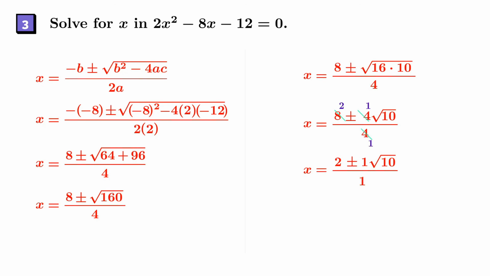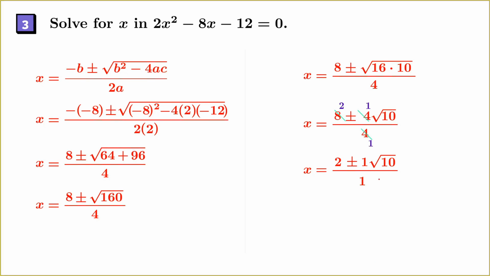Okay? So, last step na lang natin. Pwede nating tanggalin yung denominator, no? Kasi 1 naman yung denominator, so pwede nang tanggalin yan. Isa pa, para sa radical, no, yung 1, in the same way na 1x is just x, yung 1 square root of 10, pwede na lang siyang square root of 10.